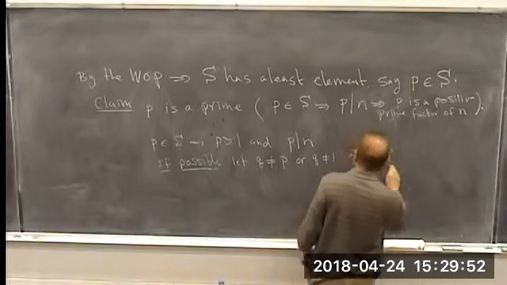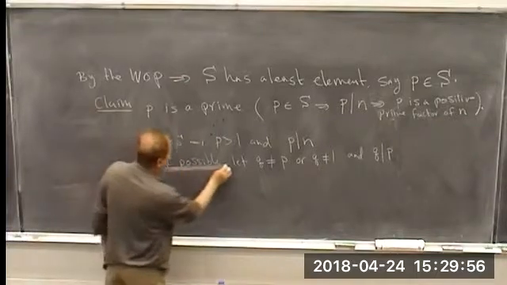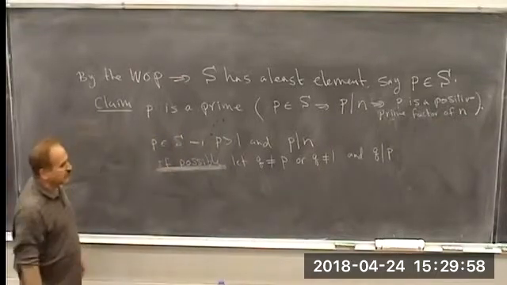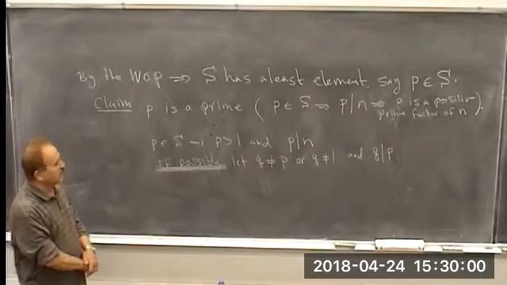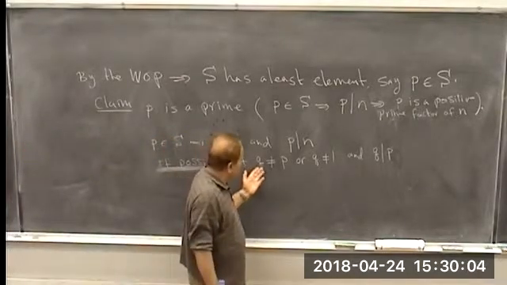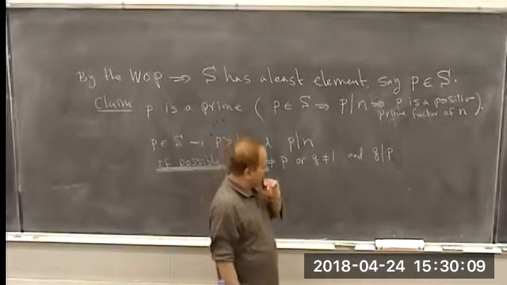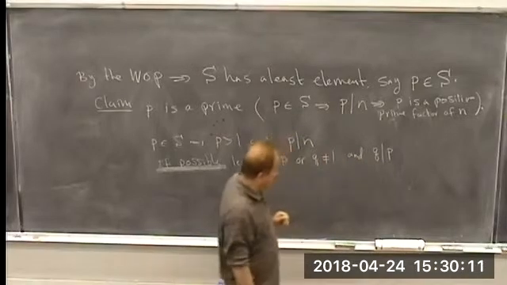This is going to lead to a contradiction. So let's assume that there exists another divisor that is neither P nor 1.